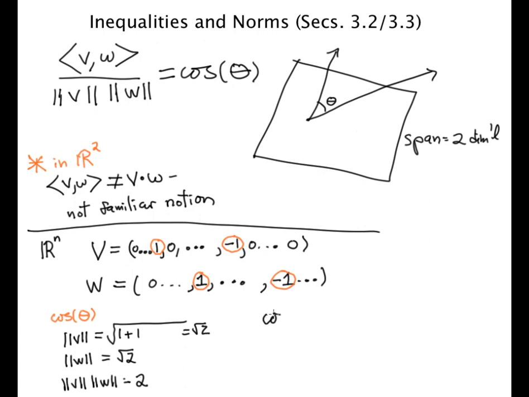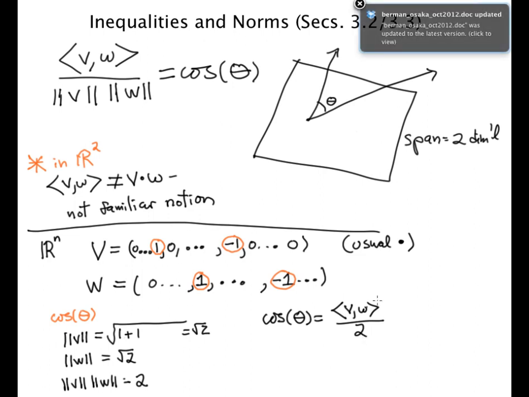So this angle that I'm looking for, this cosine of theta, is the inner product of these two vectors divided by 2. Oh, I'm sorry, I forgot to say Rn with the usual dot product. That's why I put this.